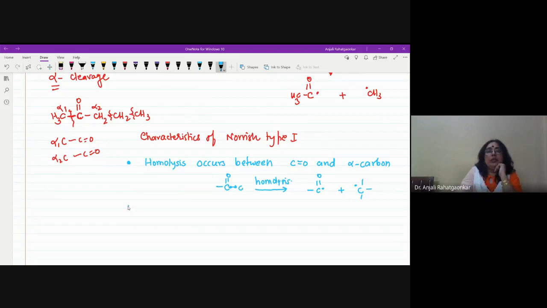And the second characteristic is this is also called a photofragmentation or photochemical fragmentation. Fragmentation means the molecule gets cut into pieces, okay? This molecule is cut at different points and you will get different fragments.